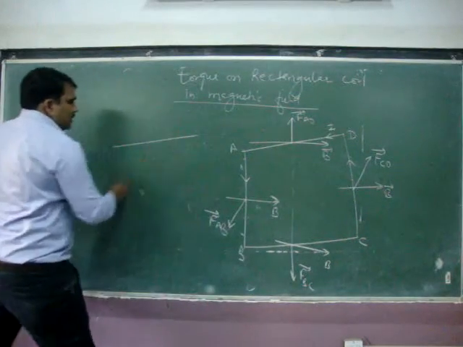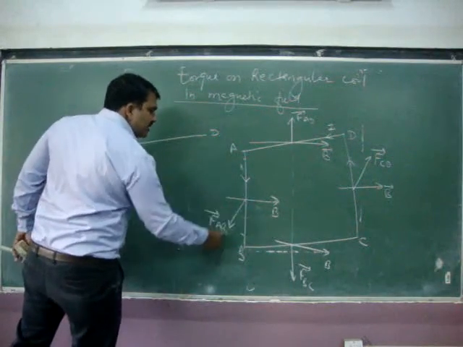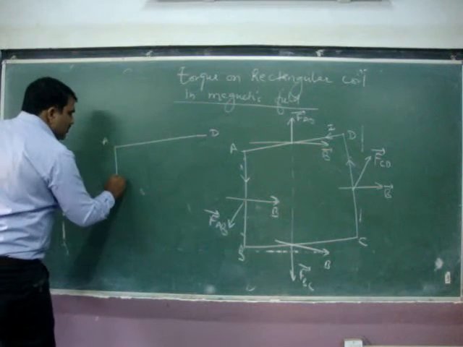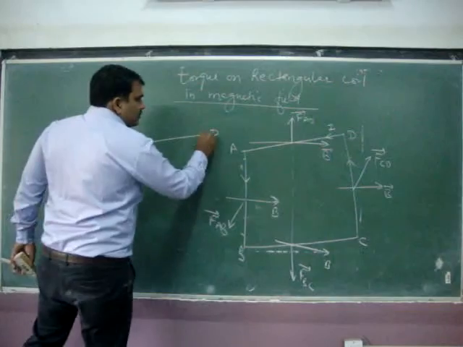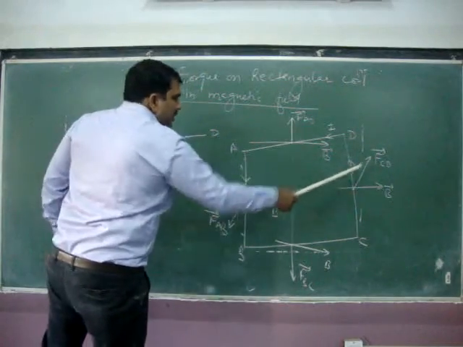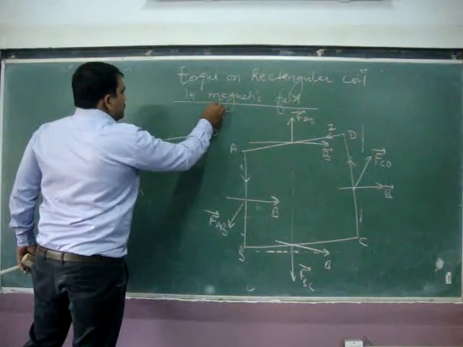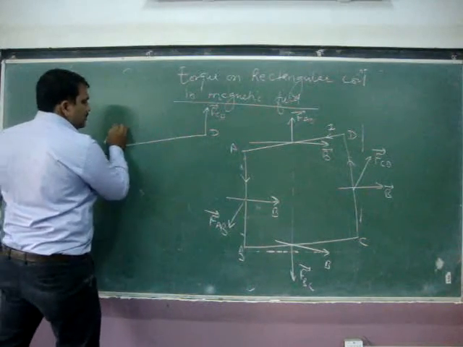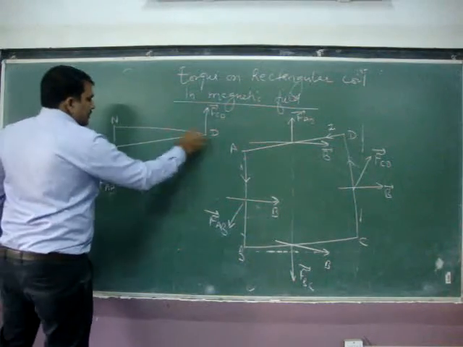Suppose this diagram is drawn to find the perpendicular distance AD, and this force FAB, which is acting in outward direction, we draw here, and the force FCD, we draw here like this. So you can see that the perpendicular distance between these two forces will be this one, that is ND.